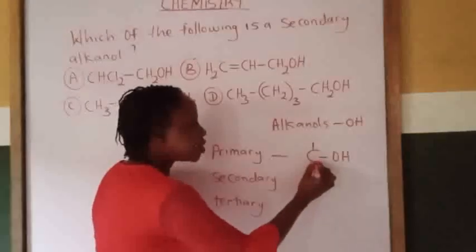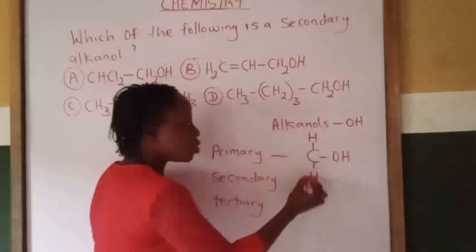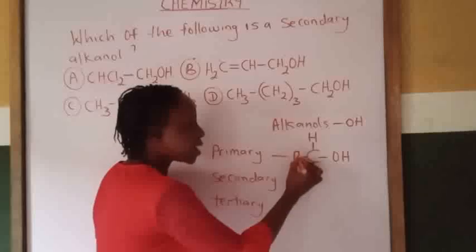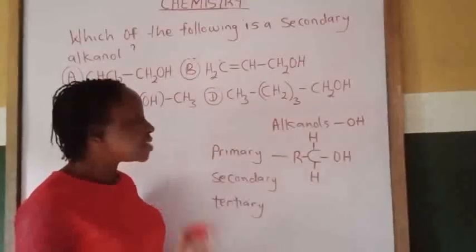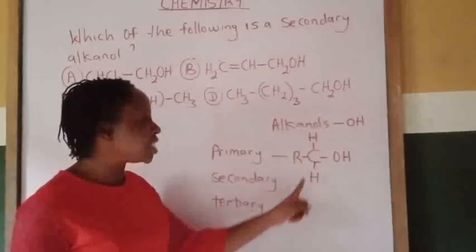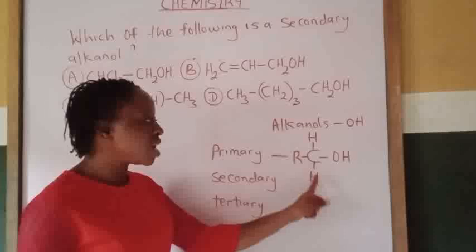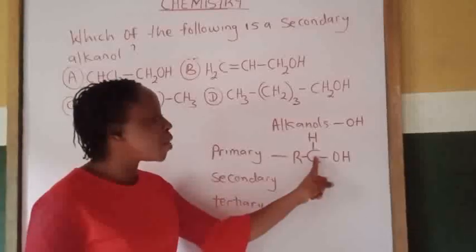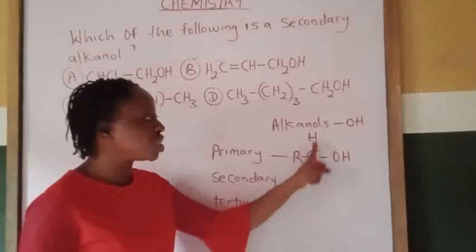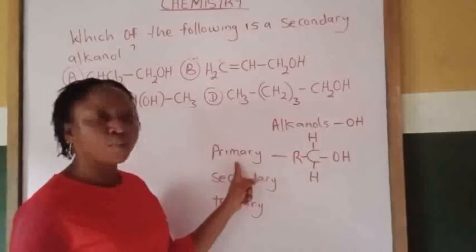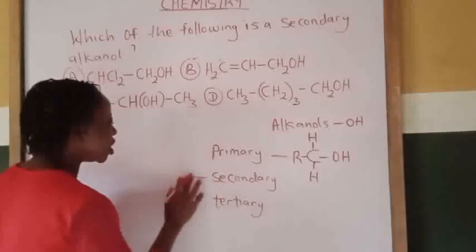When this carbon atom has two hydrogen atoms and one alkyl group, you call it a primary alkanol. Even if you don't have an idea about alkyl groups, you can still recognize hydrogen atoms. So let's move to a secondary alkanol.